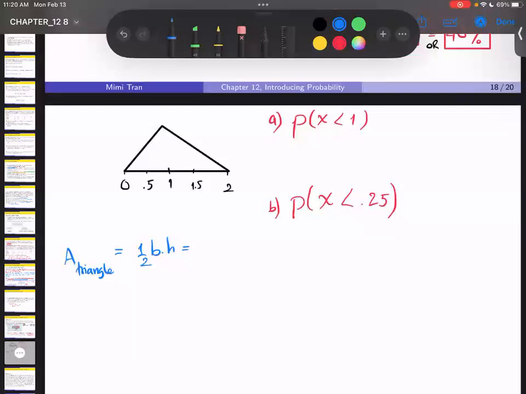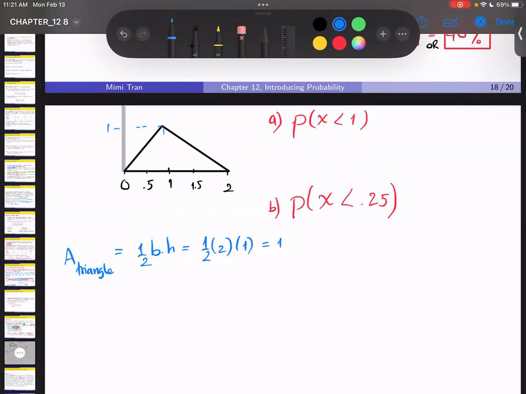In this case, the base is 2 and the height is 1, so 1/2 times 2 times 1, which is 1. All right, so that's your little hint.